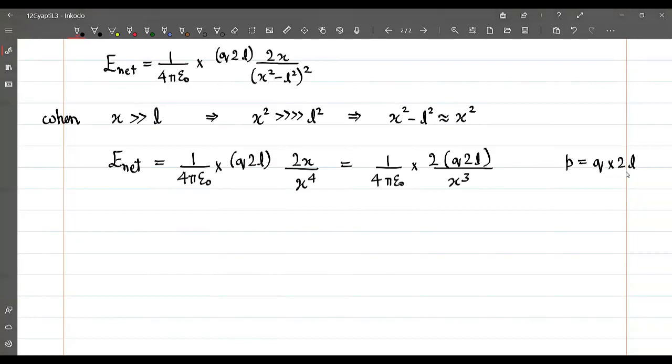So E net will be equal to 1 by 4 pi epsilon naught twice of the dipole moment divided by x cube. Okay, and the unit of electric field is Newton per Coulomb.